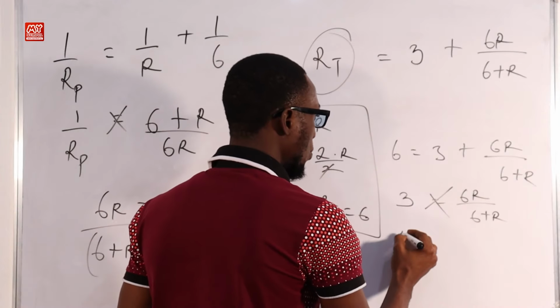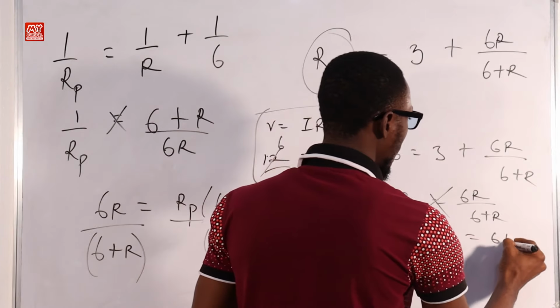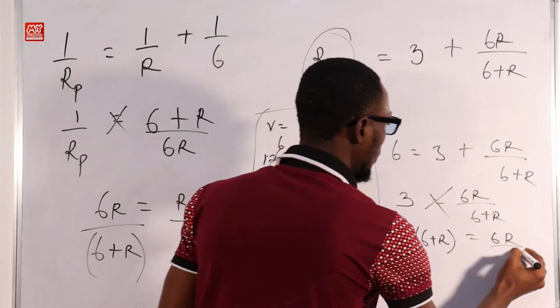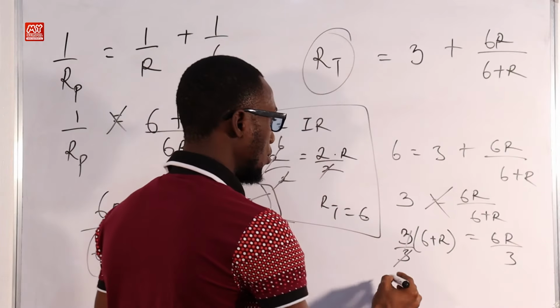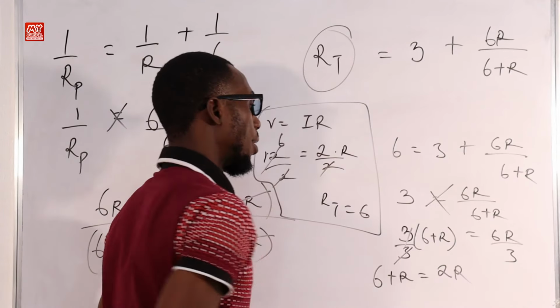We cross multiply. So we have 3 into bracket 6 plus R equals 6R. Again, we can divide both sides by 3. So we have 6 plus R equals 2R.